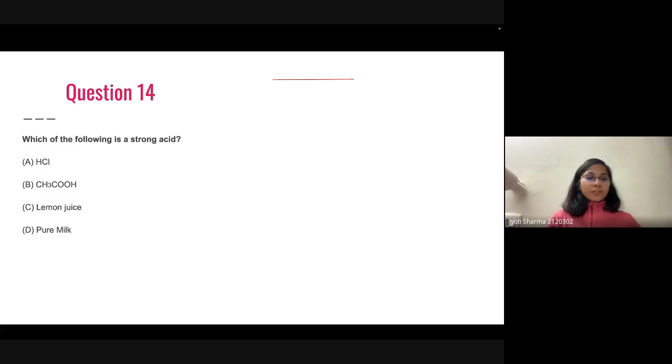You may be confused among these. I don't think that pure milk is the strongest acid, and among these three, HCl, acetic acid, and lemon juice, Ayush told me it is HCl.